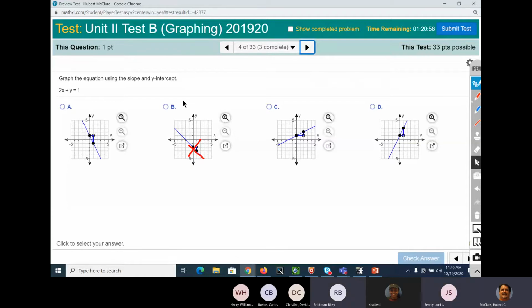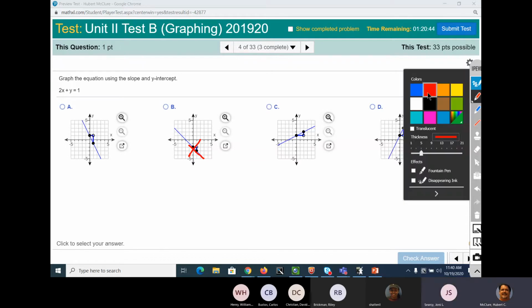All right. So which one? What is Charlie and Delta? What is their slope? Positive. Put your little car right here.